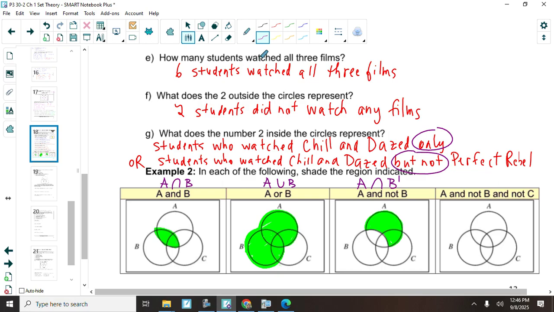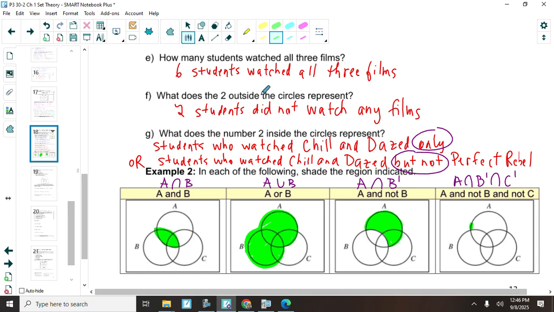Okay, and finally here we have one that includes all 3. We want A and not B and not C. So here we go.